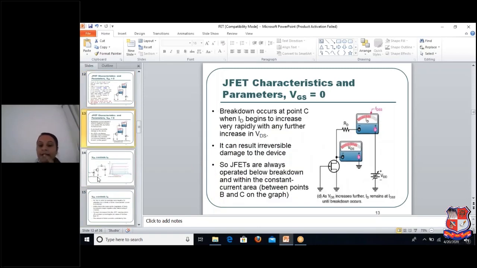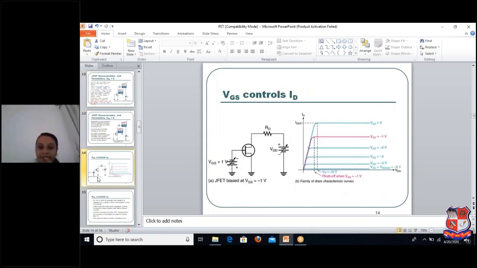So you can see that in the transfer characteristics, whenever you apply VGS equal to minus 1 volt, your current starts from 0 A to this point, which is less than at VGS 0. Suppose at VGS 0 the current is 4 milliampere; you can assume that at VGS equal to minus 1 volt it is 3 milliampere.